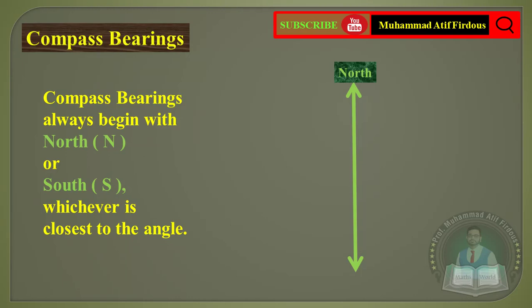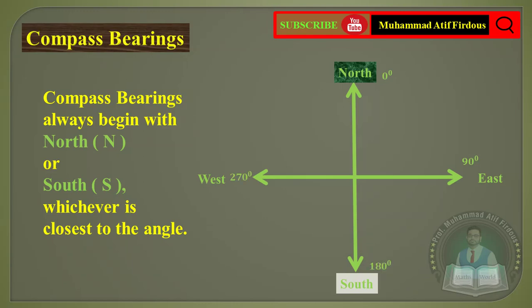Suppose we have north, south, east and west, and we start with 0 degree, 90, 180 degree, 270, or you can say 360 degree. Now we split.